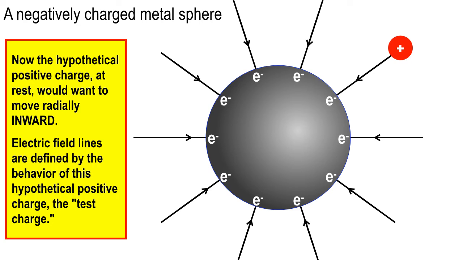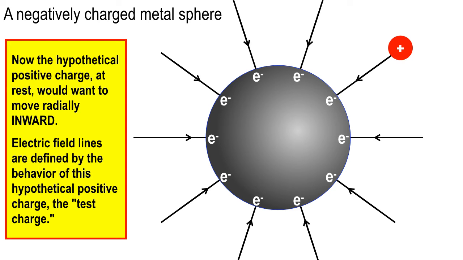And if you had a positively charged sphere, with a bunch of extra protons in there, then the field lines would go outward because the red test charge would be repelled. So for a simple electron, the field lines are directed inward. For a simple proton, the field lines are directed outward.